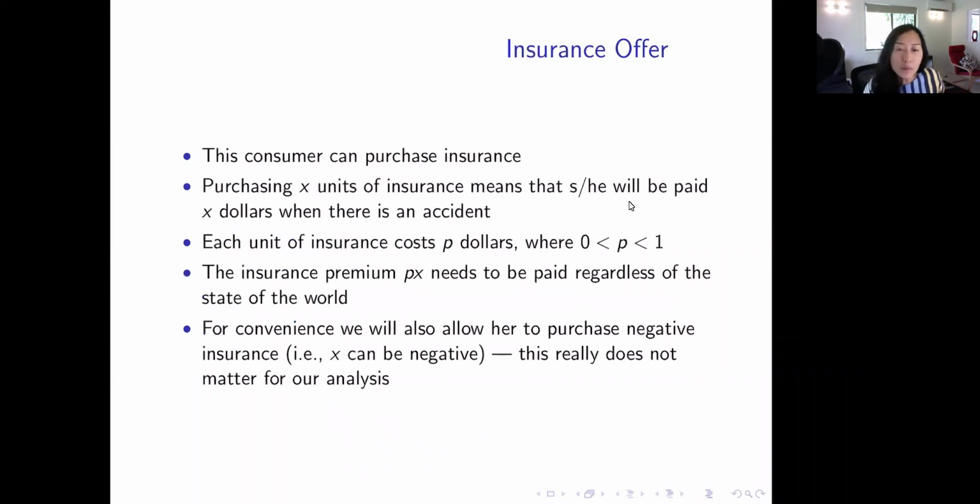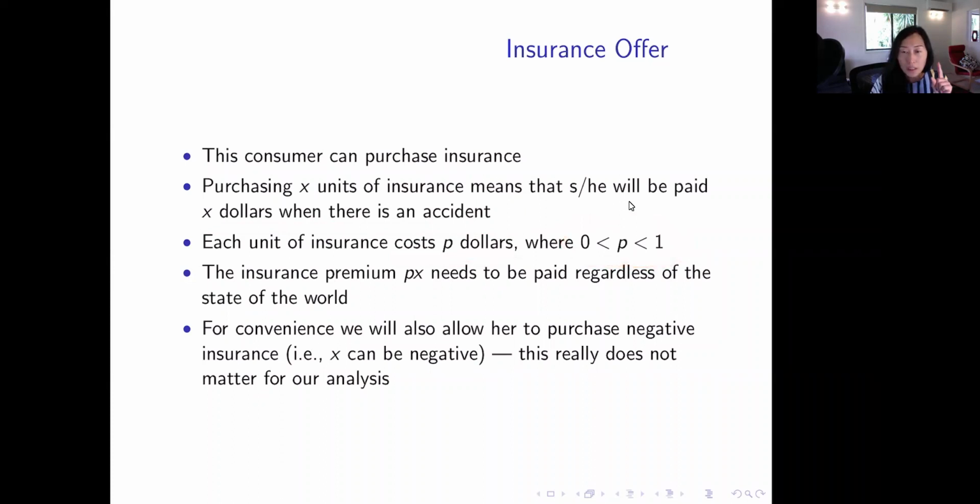Now this consumer is thinking about purchasing insurance. Let's assume that purchasing X units of insurance means that she will be paid X dollars in the case of an accident. Each unit of insurance costs P dollars, where P is a fraction between 0 and 1.